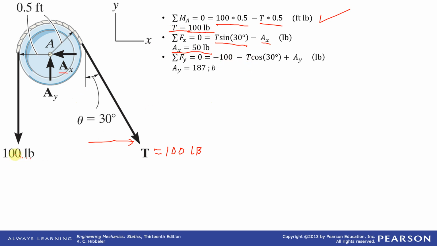We have negative 100, negative T cosine 30. Negative 100, negative T cosine 30, plus A sub y has to sum to 0. So A sub y is 187 pounds. Okay.